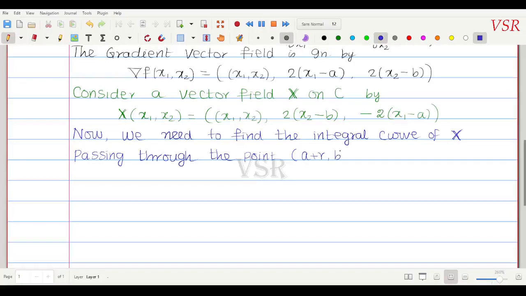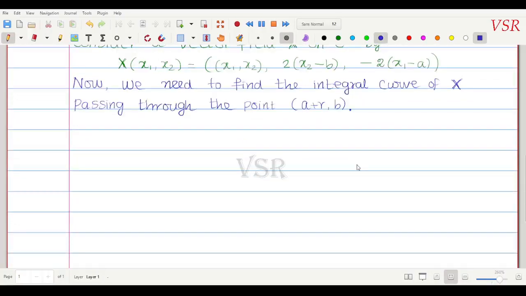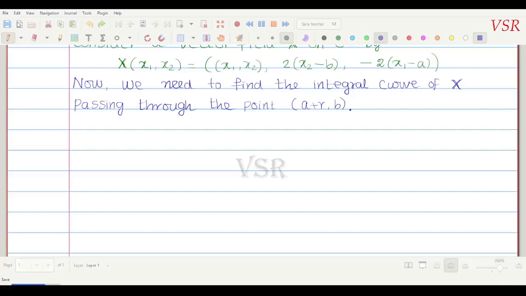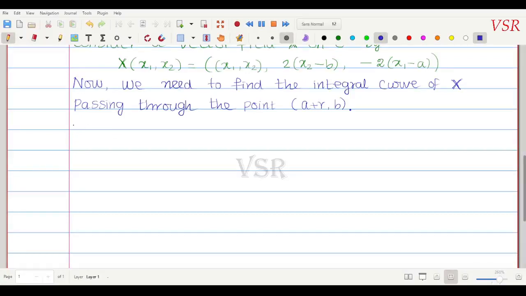That is, we need to find a parameterized curve alpha from capital I to C.